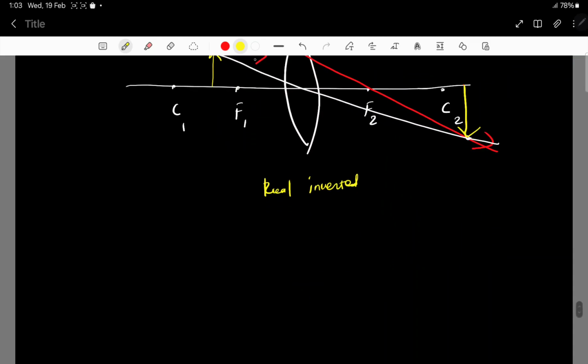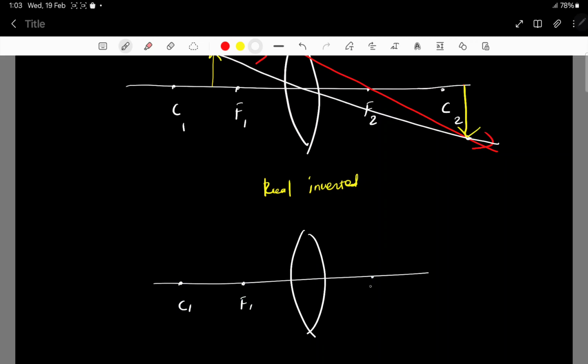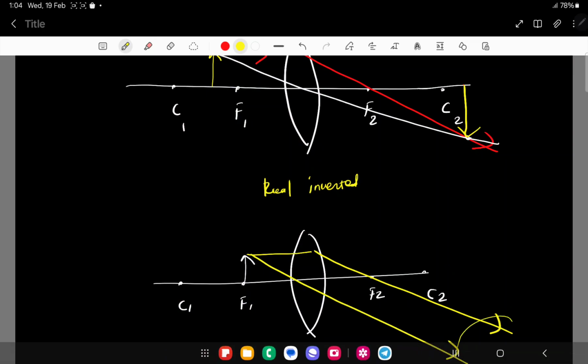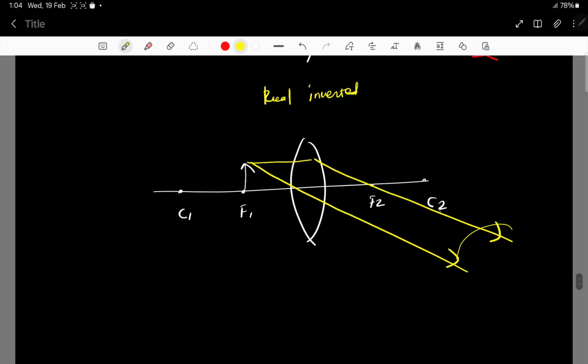If the object is placed exactly at the focal point, the final image will be formed at infinity on the other side, because these two light rays, after getting refracted, are appearing to be parallel to each other.